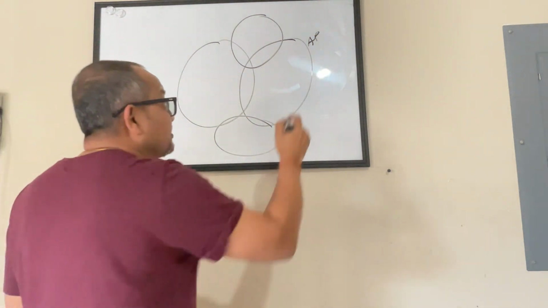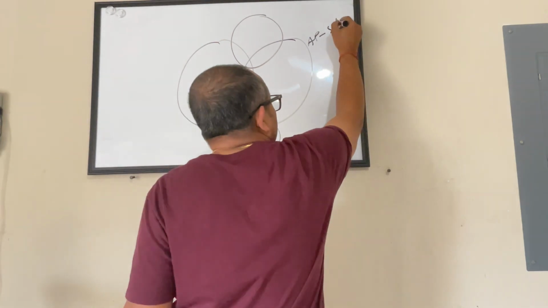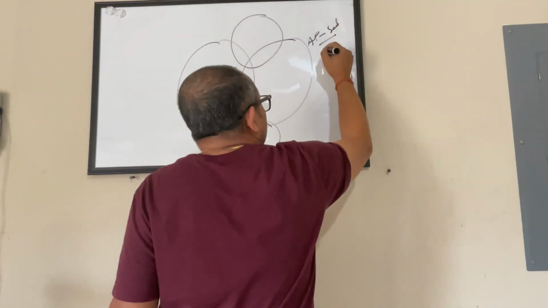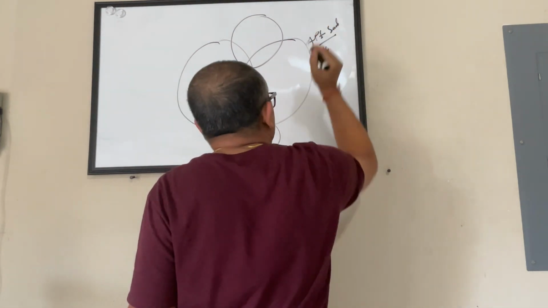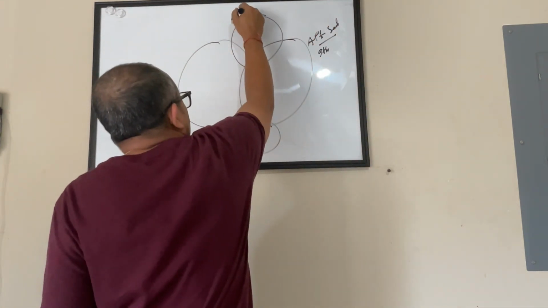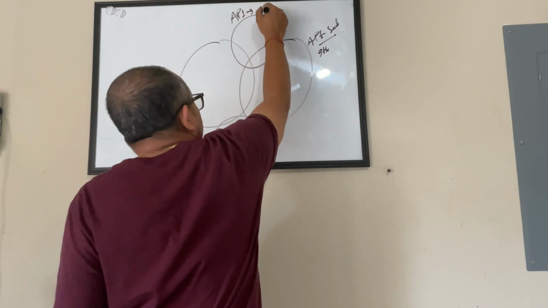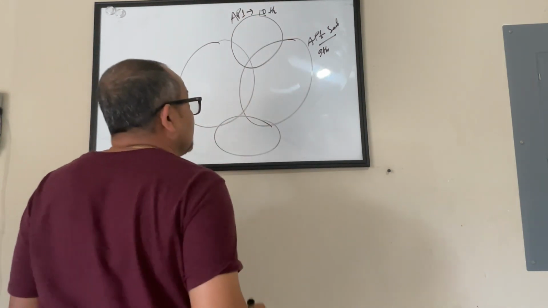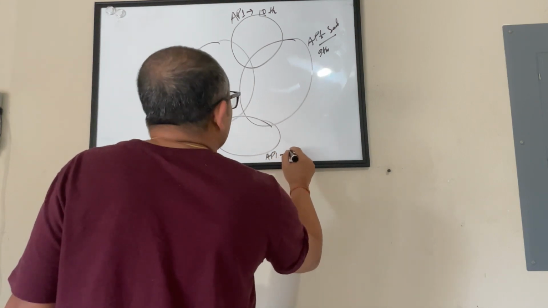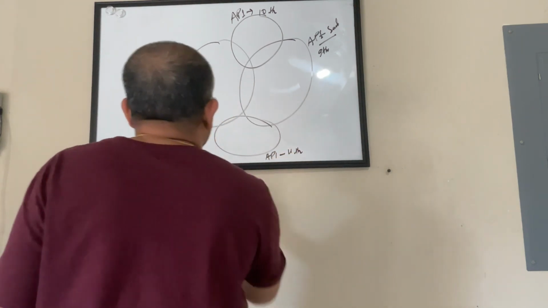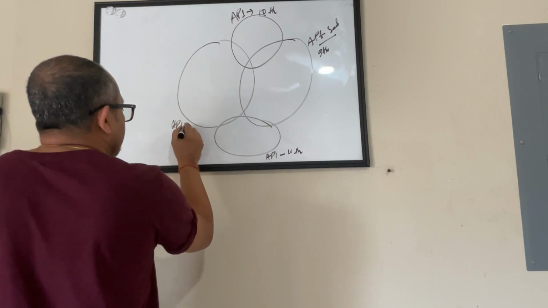Let's say AP 1 is taken by a 9th grader. The same subject is taken by a 10th grader, by an 11th grader, and by a 12th grader.